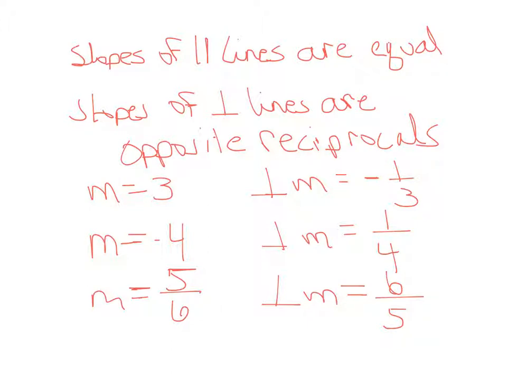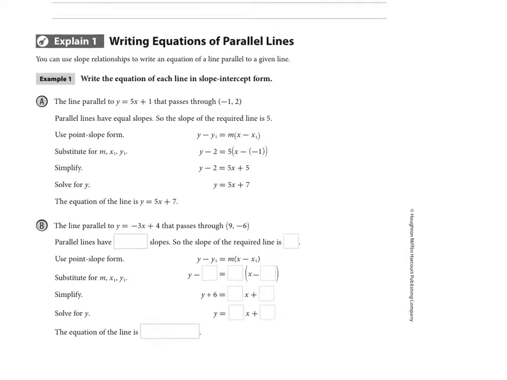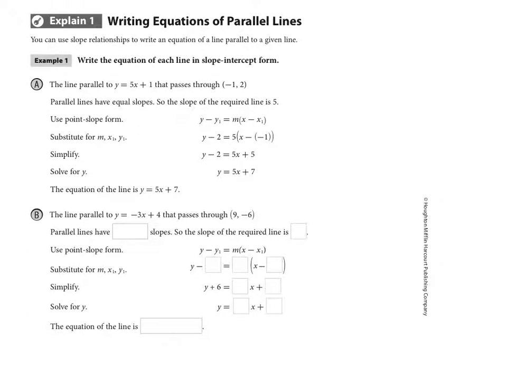So let's go to 206. And I'm going to do this problem A here. It says a line parallel to y equals 5x plus 1, and it passes through the point -1, 2.